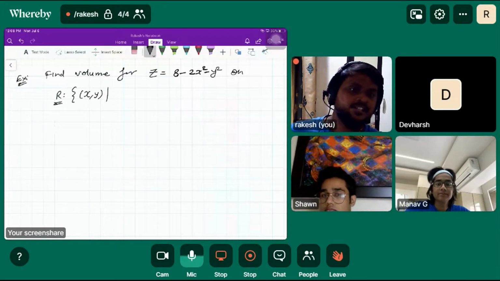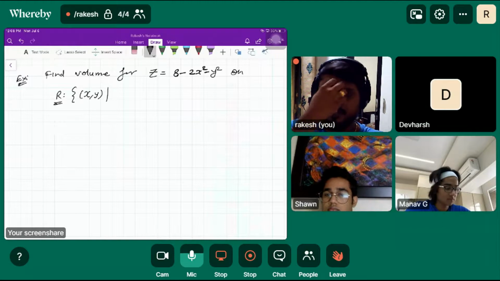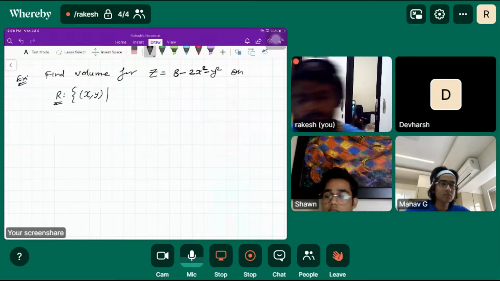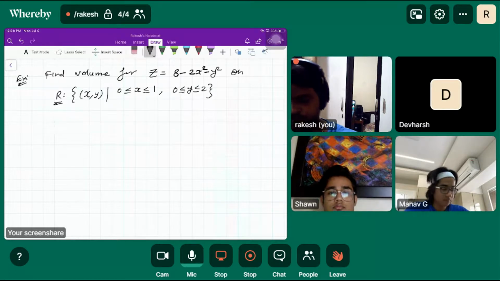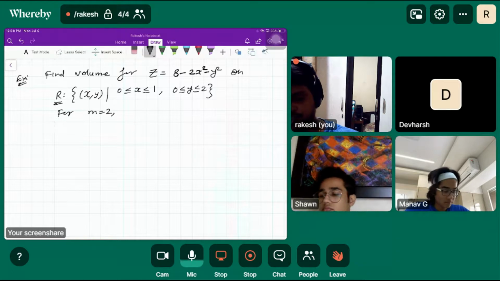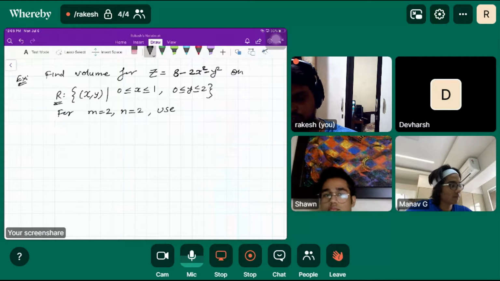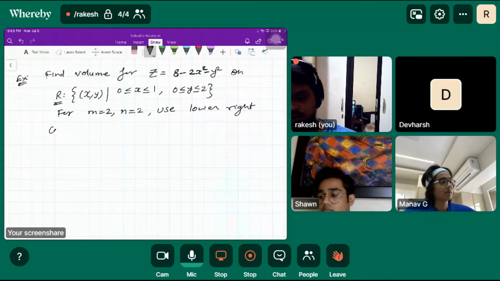I'm defining the region here. The region must be defined. So if your region is defined like this, for m equal to 2, n equal to 2, and use the lower right corner points.